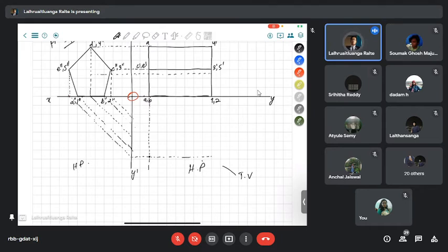I already know that this is going to make a rectangle, so I can simply proceed with a straight line. It's the base, it has to be visible, right? And the side must also be visible.